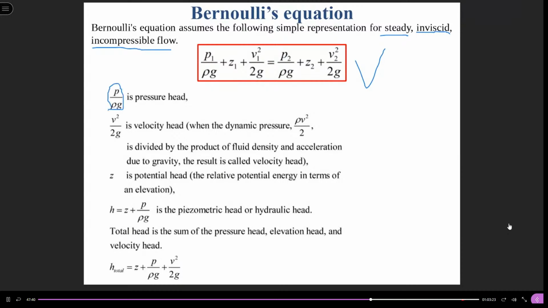Where these two variables are the pressure head, and these two variables are velocity head, and the z is potential head or elevation head.